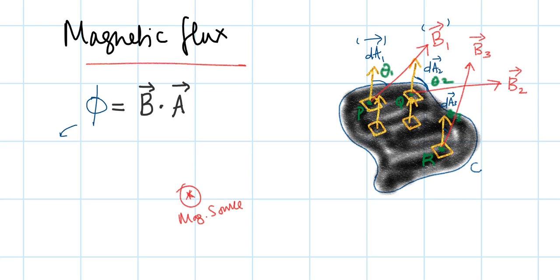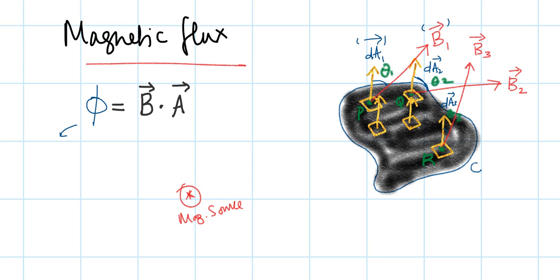So now you get a point. If you can keep counting all the elemental areas, you can go ahead and represent a magnetic field vector at each point, and you can also represent an area vector of a tiny area surrounding that point.